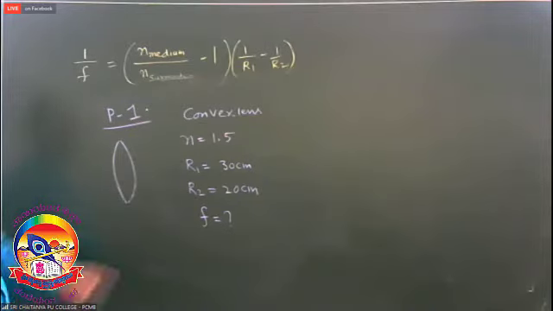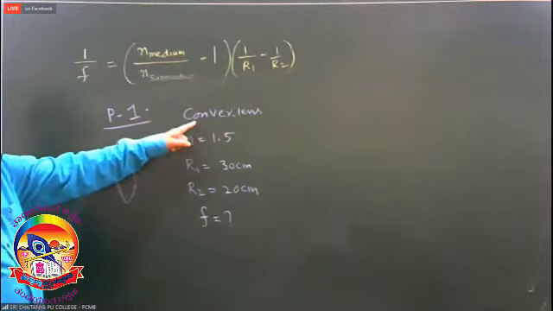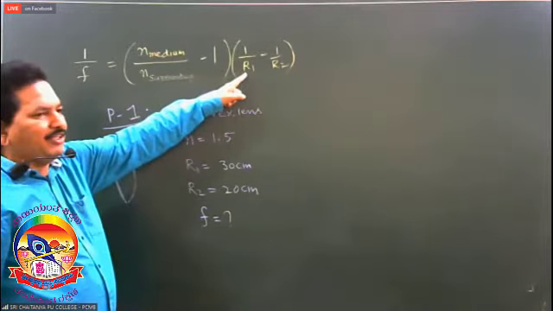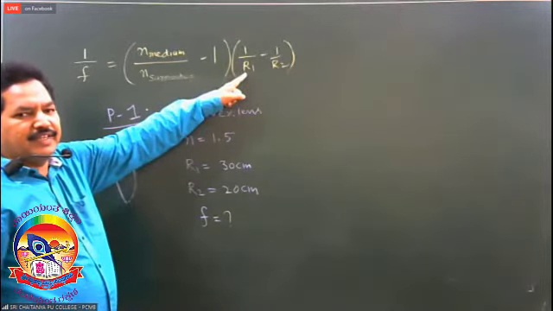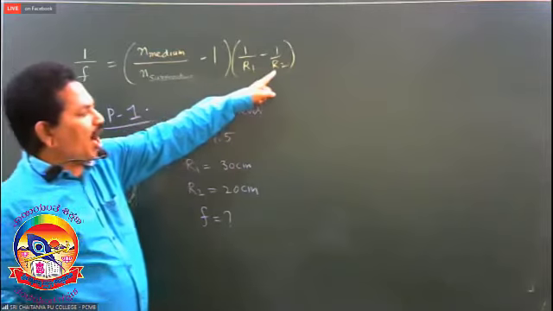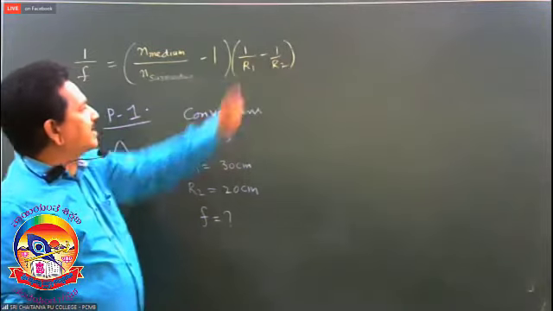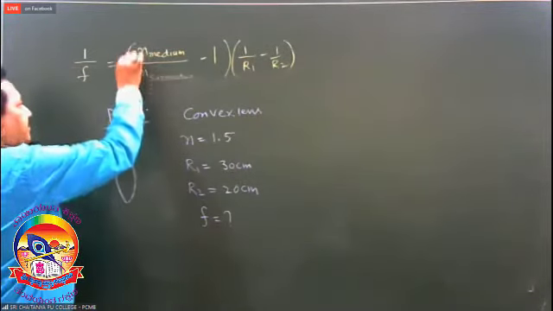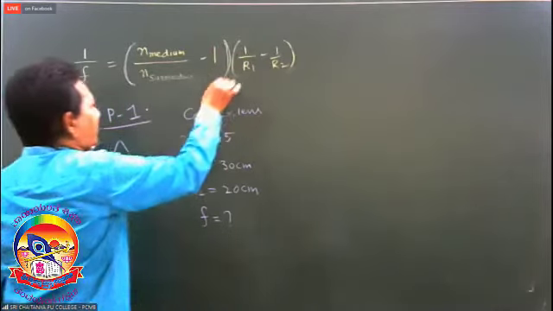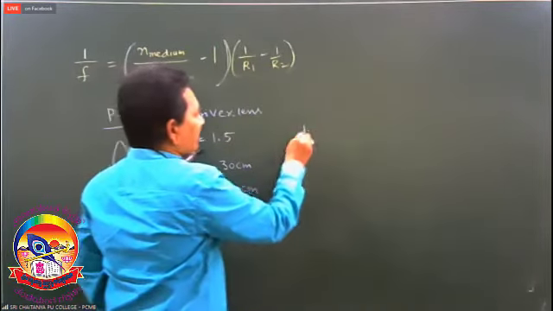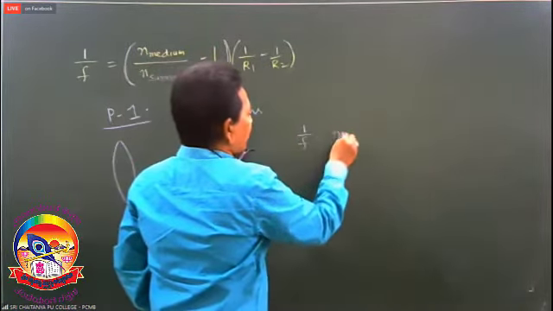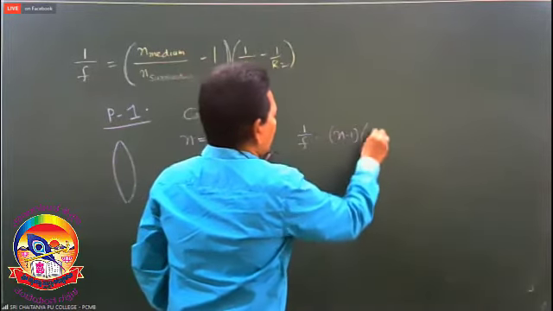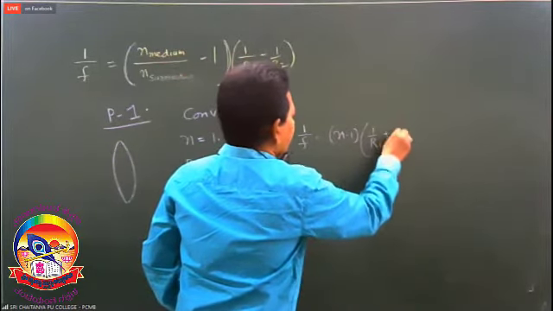Apply the formula directly for a convex lens. For a convex lens, R1 value is positive, R2 negative, minus into minus becomes plus. So 1 by F is equal to (N minus 1) into (1 by R1 plus 1 by R2).